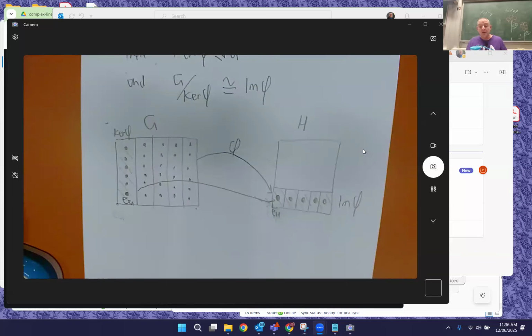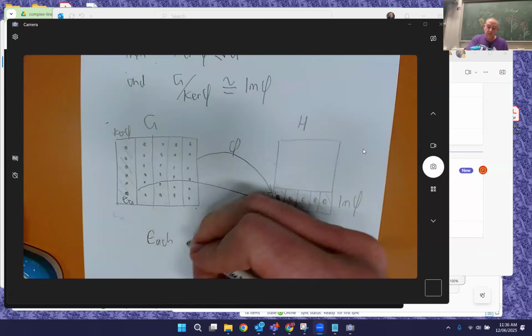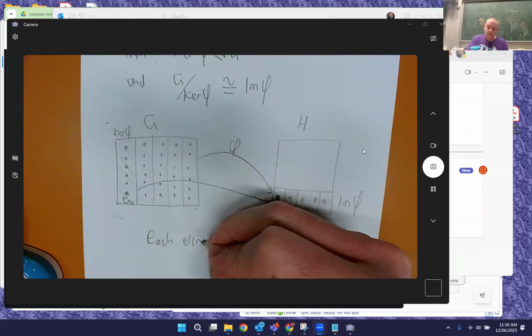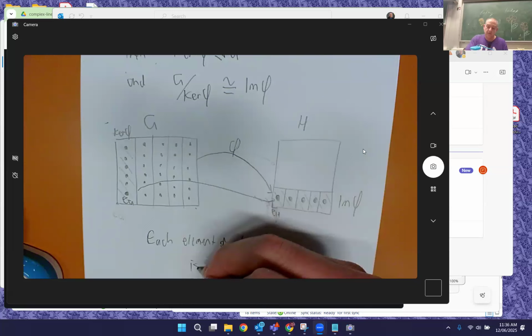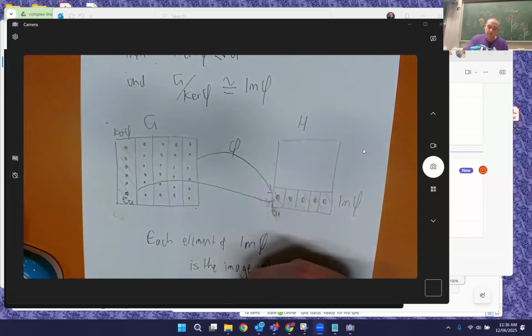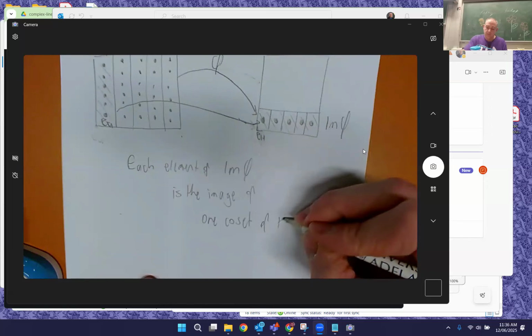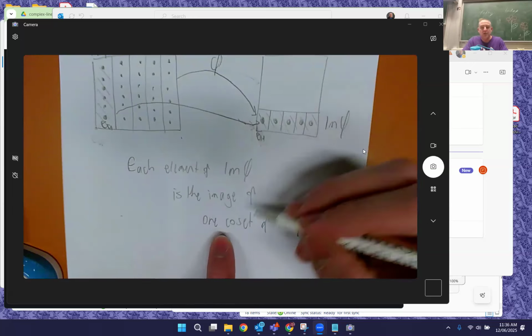And what happens is that each of the various elements of the image of phi is the image of one of the cosets. Each element of the image of phi is the image of one coset of the kernel of phi.